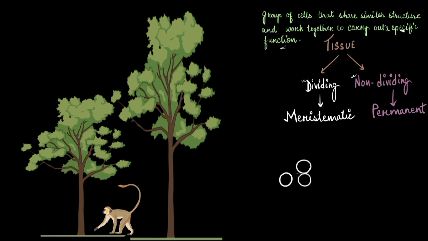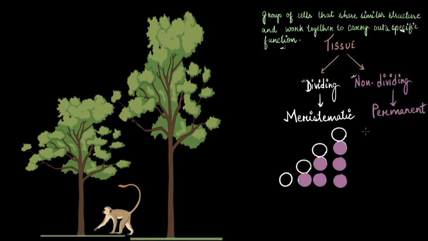And one of those cells will remain meristematic, meaning it will retain its ability to divide further, while the other cell, the newly formed cell, will head off to become a part of the permanent tissue. And the process continues. So every time a meristematic cell divides, it will give rise to a cell that will be a part of the permanent tissue. And that is how the permanent tissue are more in number than the meristematic tissue in any plant.